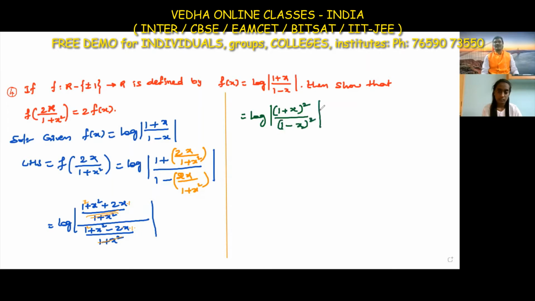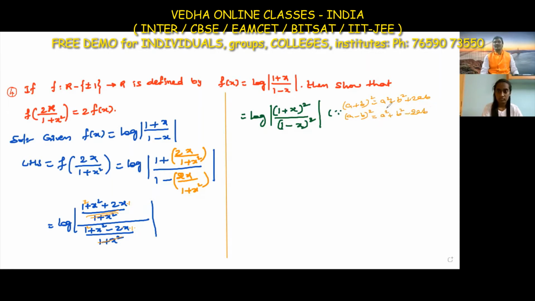So what formula did we use here? We used the a plus b whole square formula, that is a square plus b square plus 2ab is a plus b whole square, and also the a minus b whole square formula, that is a square plus b square minus 2ab.